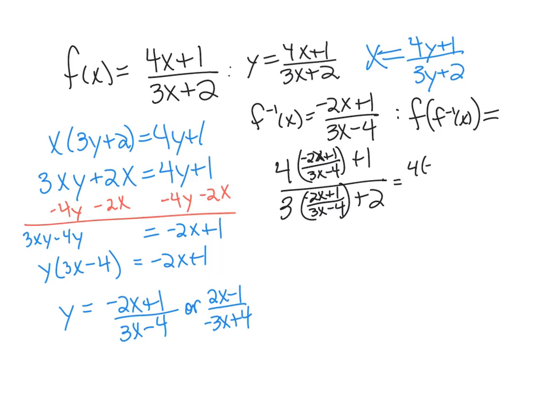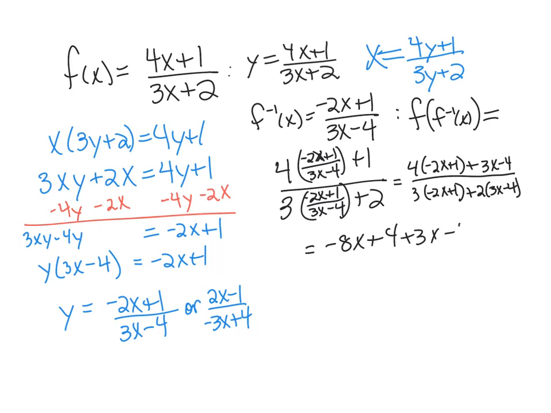I get 4 times the top plus 1 times the bottom. On the bottom, I get 3 times the top plus 2 times the bottom. That gives me minus 8x plus 4 plus 3x minus 4.